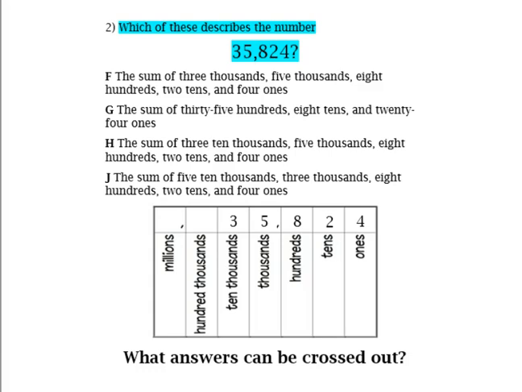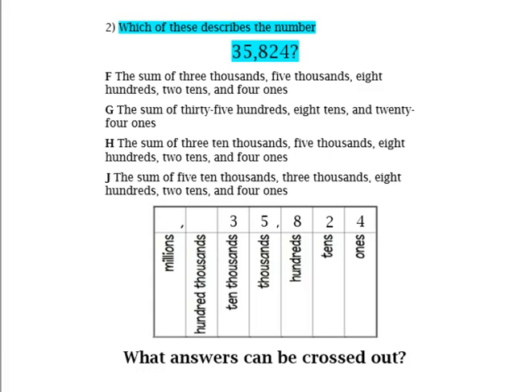F says the sum, and we know sum means add. The sum of 3 thousands, 5 thousands, 8 hundreds, 2 tens, and 4 ones. G, the sum of 35 hundreds, 8 tens, and 24 ones.